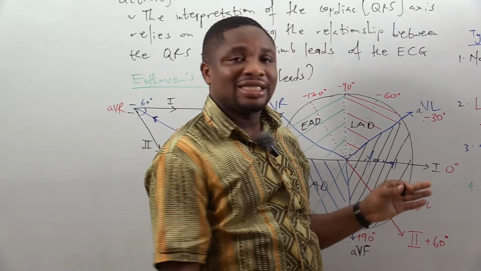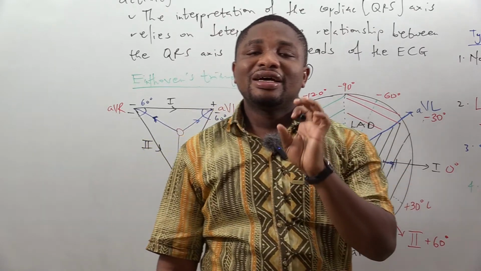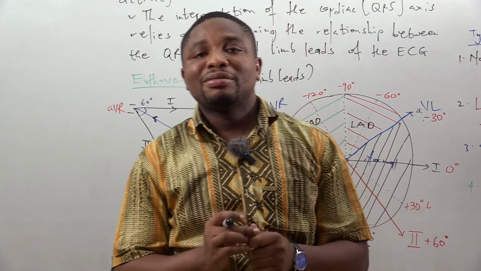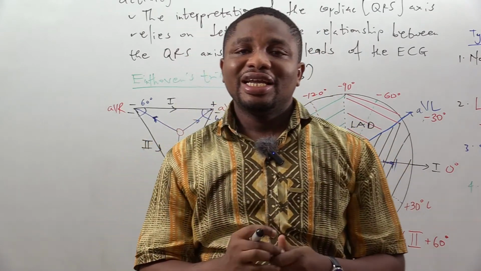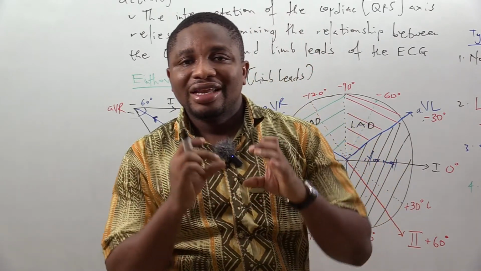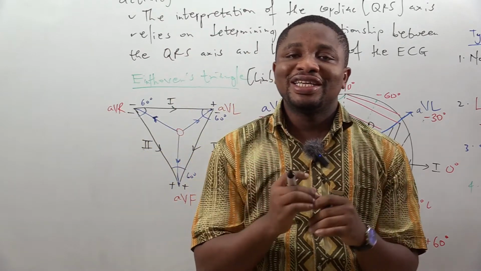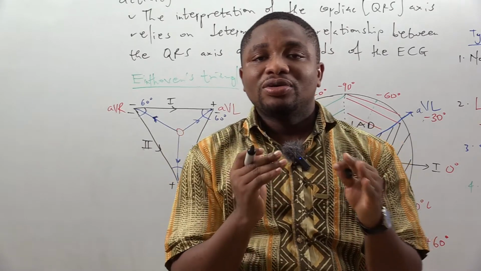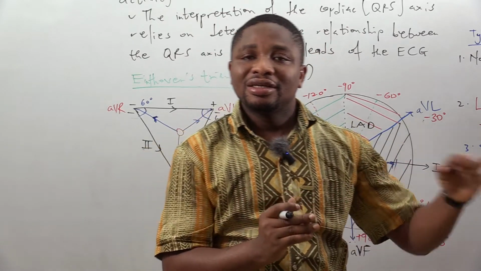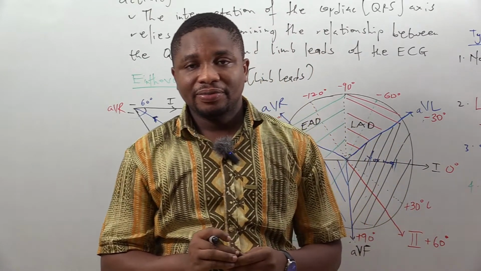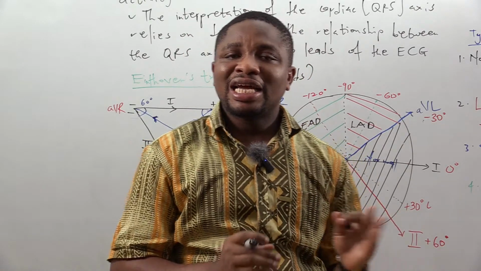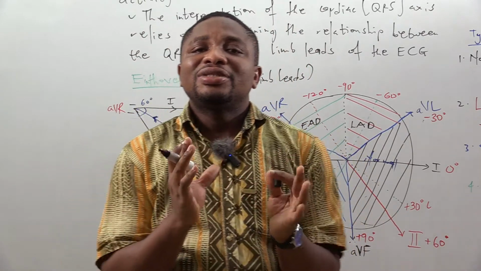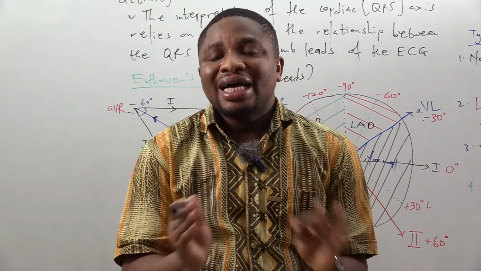And the normal axis, as I was saying, the bulk of the cardiac muscle is concentrated in the left ventricle. That is why the cardiac axis is normally directed downwards and slightly to the left. Okay? Now, there's another type of cardiac axis, and that's going to be the extreme axis deviation.